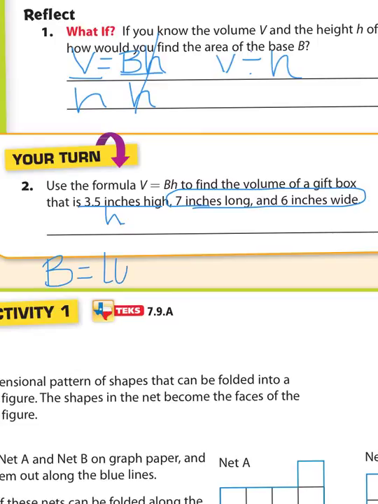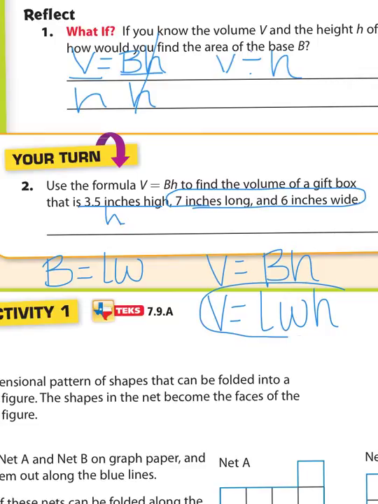So the area of the base is the length times the width, and volume is the area of the base times the height. But basically what this boils down to is we're going to do length times width times height. And every time you're finding the volume of a rectangular prism, you're going to do length times width times height.